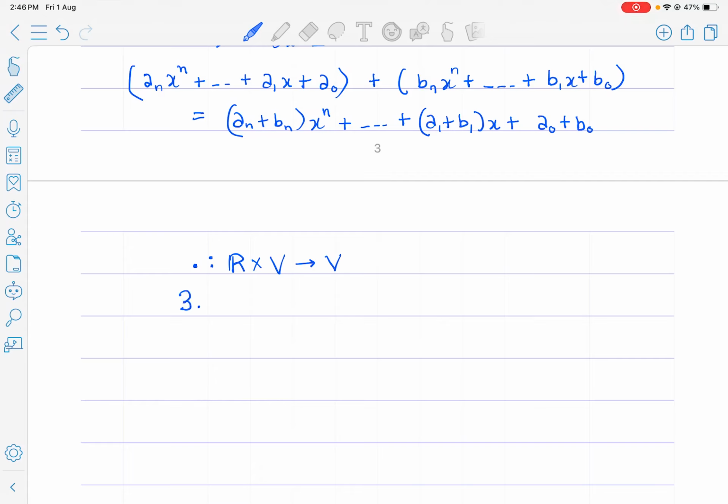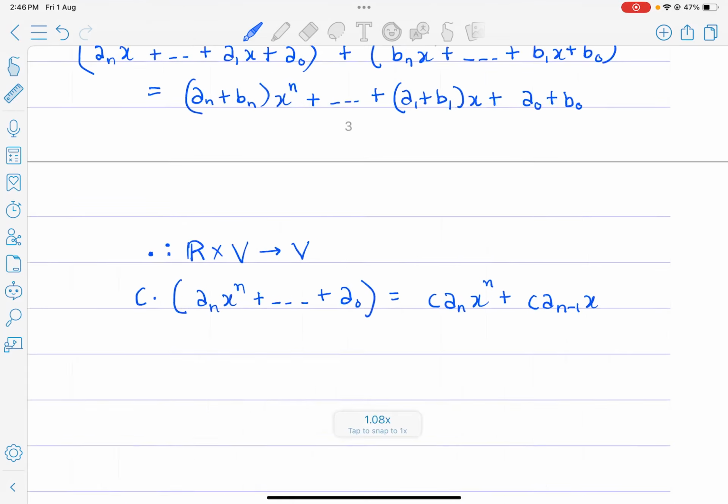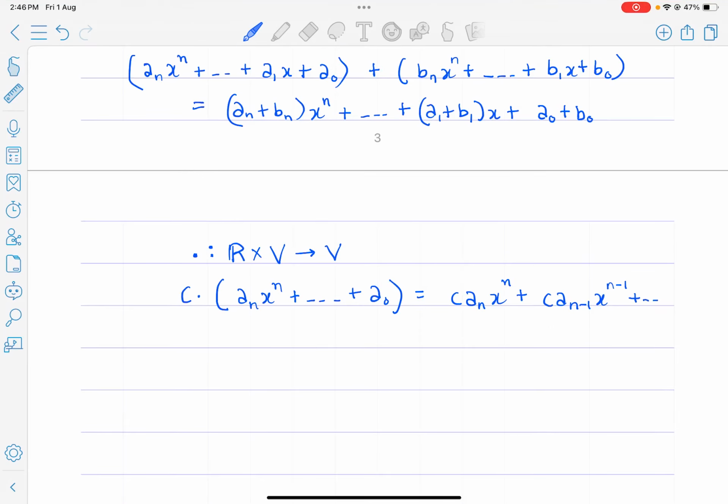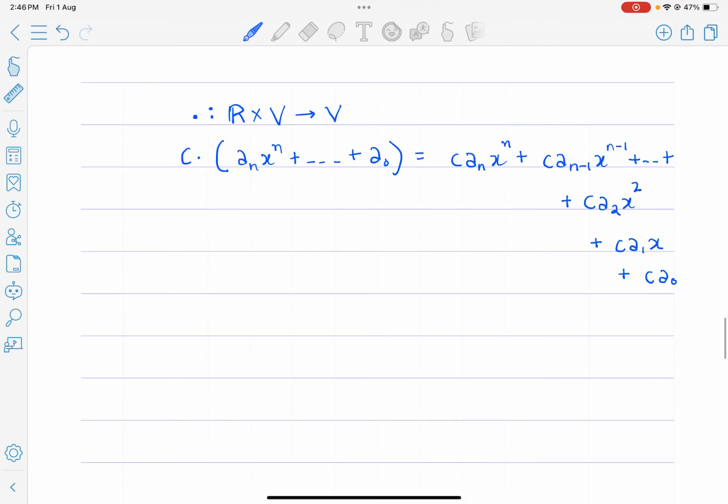Let's take a general c, and c dot a polynomial gives c a_n x^n plus c a_{n-1} x^{n-1} plus c a_2 x^2 plus c a_1 x plus c a_0. Done.